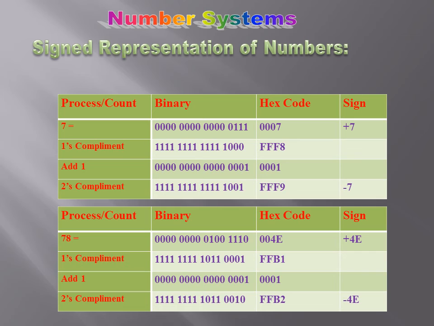So this was represented as 4E. Now this will represent minus 4E. This is how signed and unsigned numbers work. If we do not take the most significant bit as the sign bit, then the numbers are unsigned numbers.